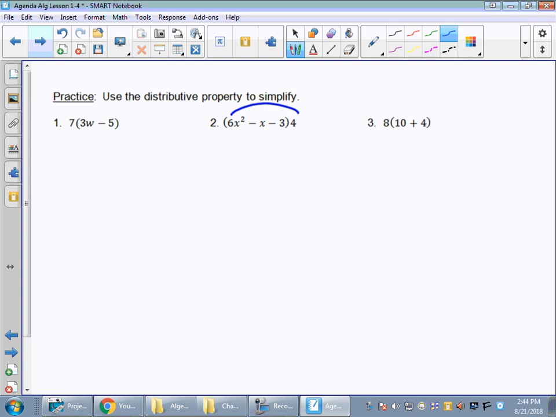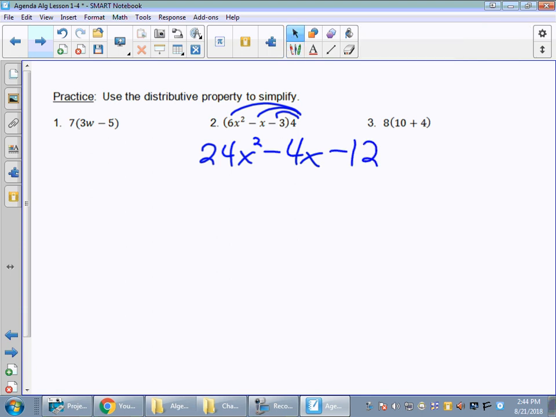Well, 4 times 6 is 24, and then x squared would be x squared. Then we take the 4 and multiply it by the negative x here, which would give us negative 4x. And finally, the last number, 4 times negative 3, gives us negative 12. And there we did it.